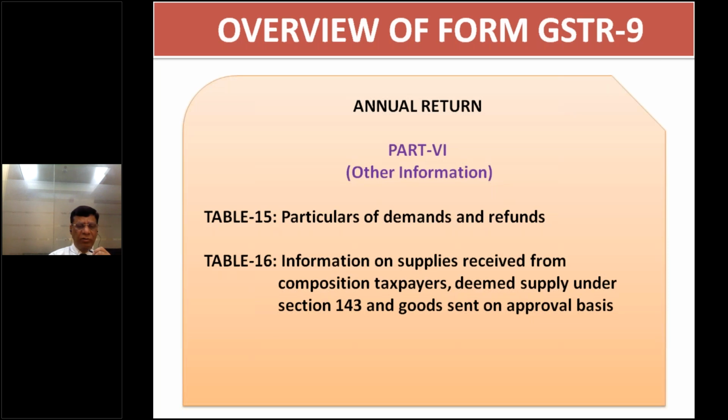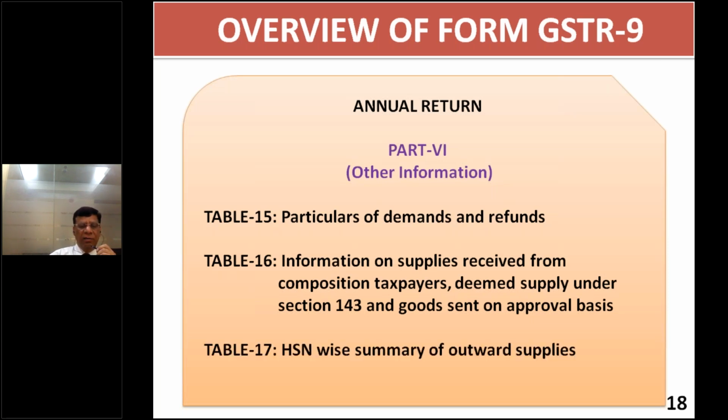So we have to carve out such information from the books of accounts maintained by the taxpayer, with a deemed supply under section 143 and goods on approval basis. Such are the areas which we will be discussing in detail, and the challenges ahead of us while filling up this information at our places.